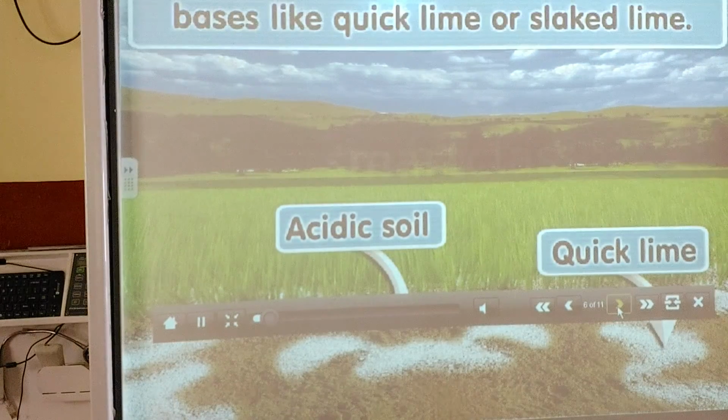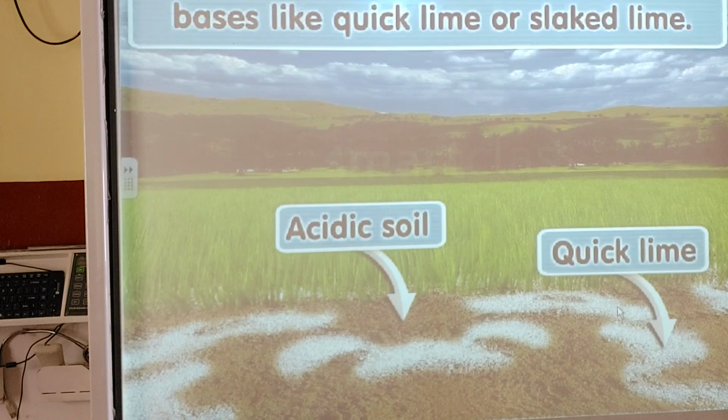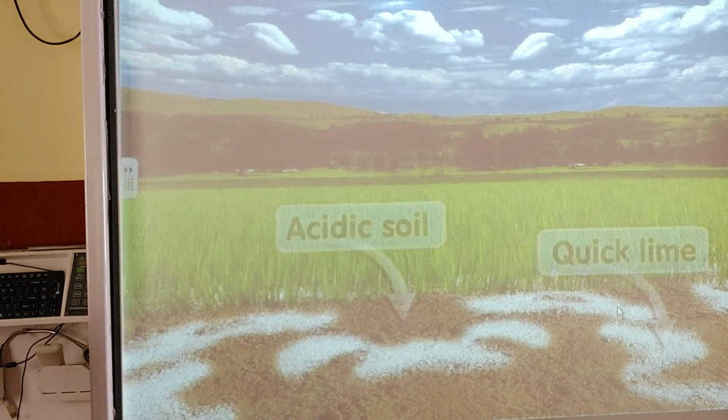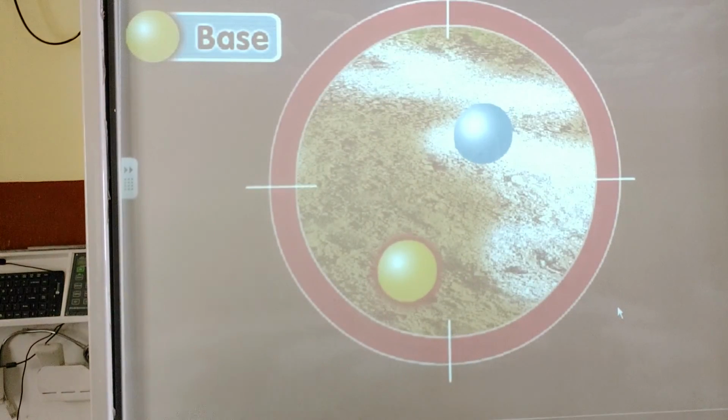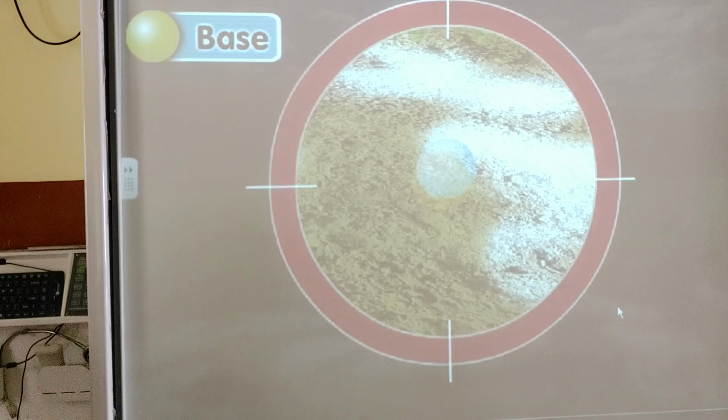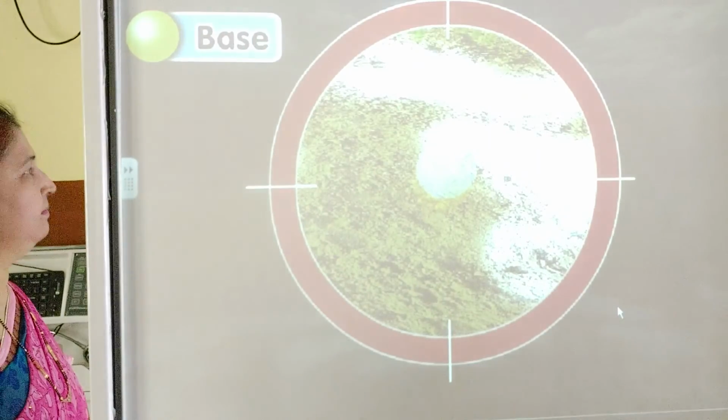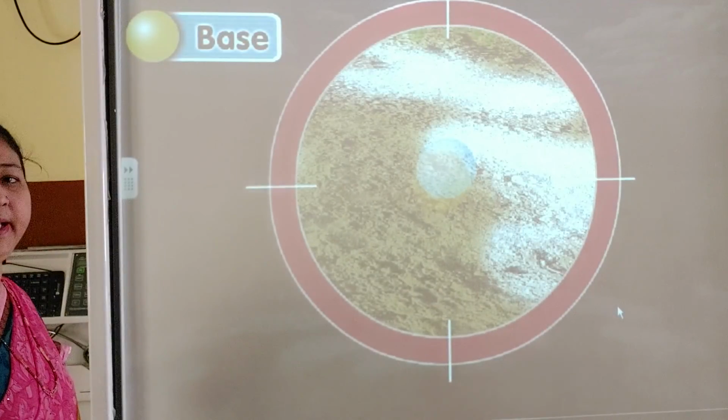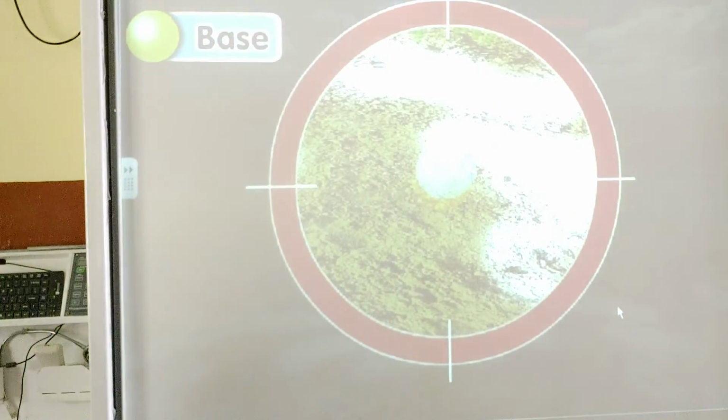Soil acidity is reduced by treating it with bases like quicklime, that is calcium oxide, or slaked lime, that is calcium hydroxide. The base neutralizes the acid present in the soil. So if the soil is more acidic, a base is added to neutralize it.